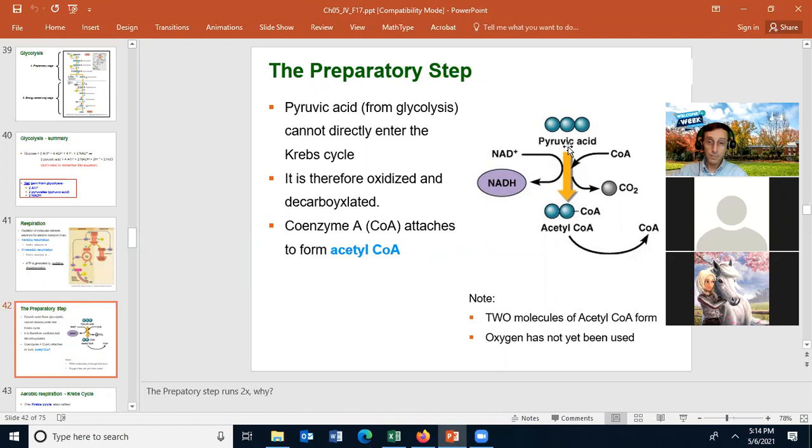Now note, with one molecule of glucose, you generate 2 pyruvic acids. So for one molecule of glucose, the preparatory step runs 2 times. Is there any question about that?